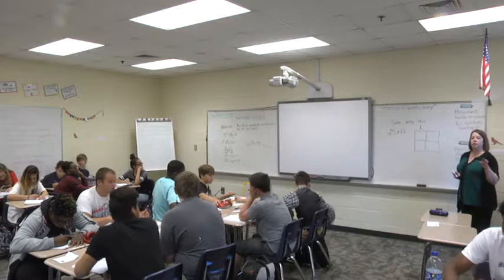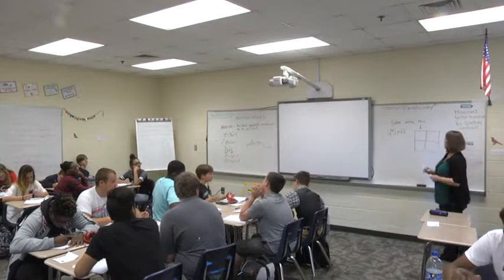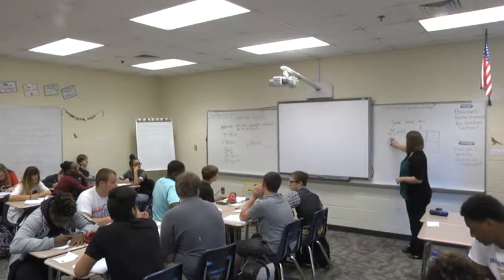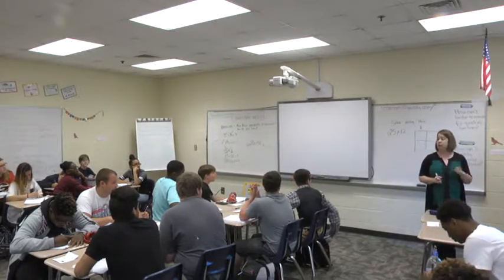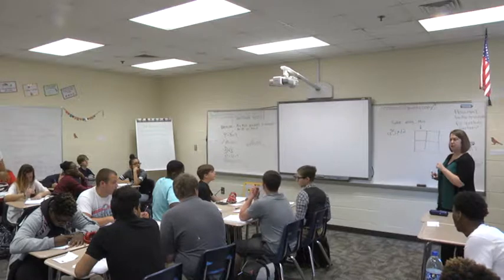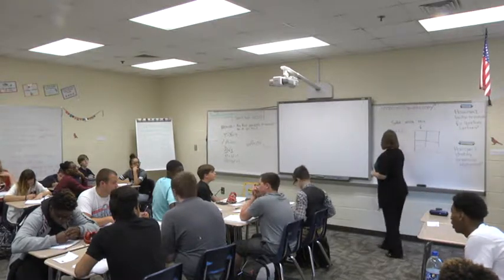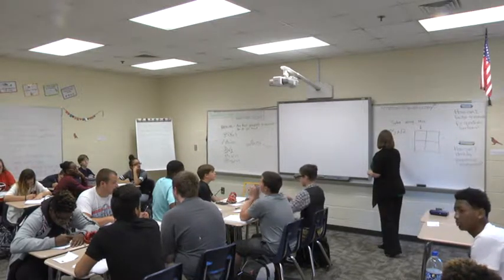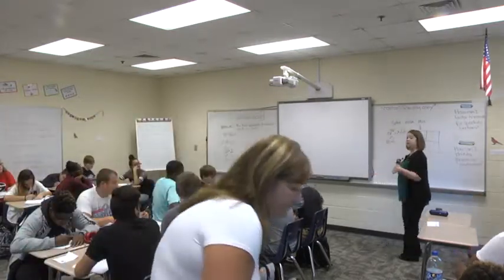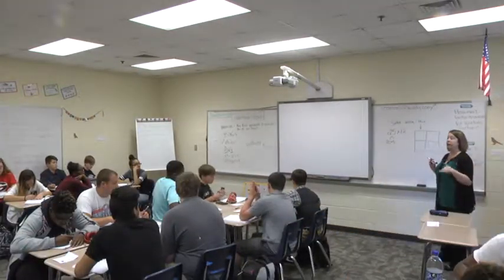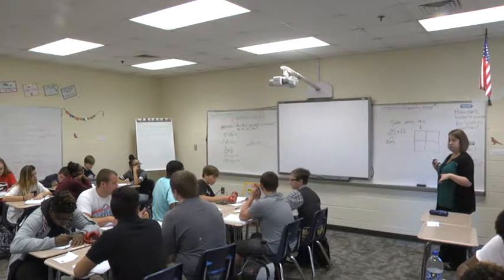So when we look at 25, if I were to break this number down, it's 20 and 5. This is the same as 20 plus 5. So we have 2 10s and we have 5 1s.